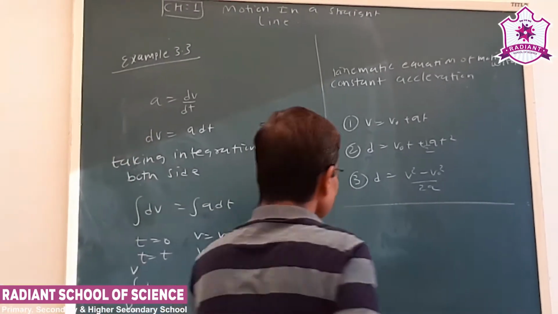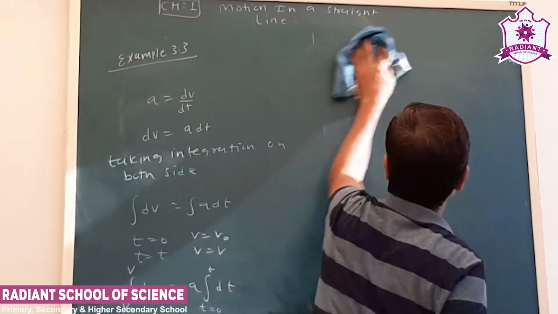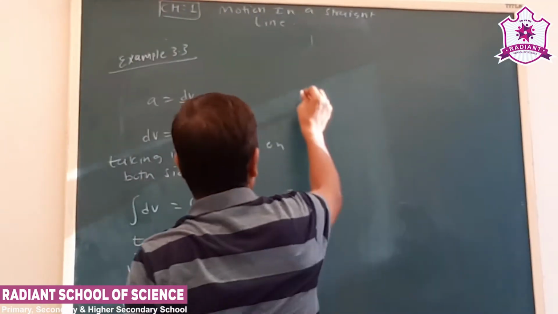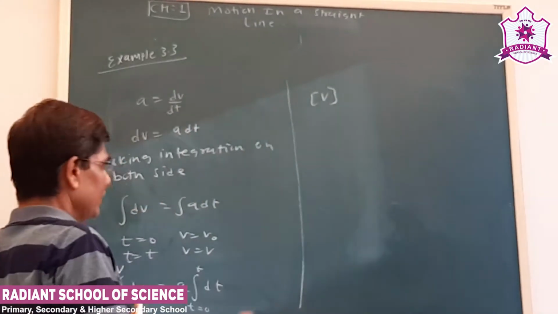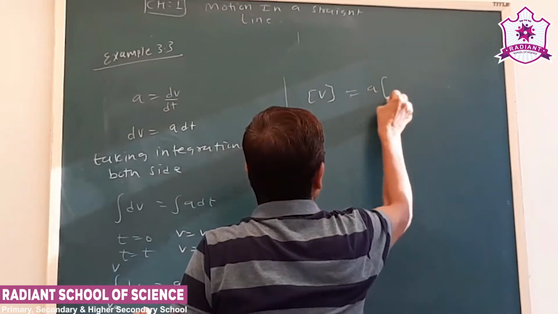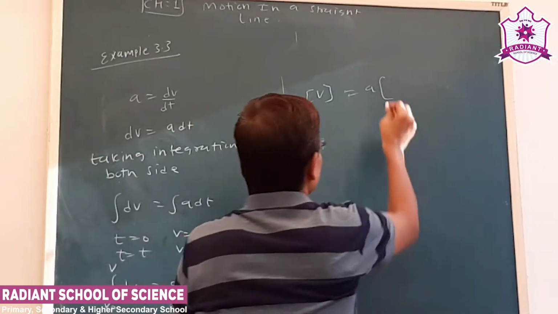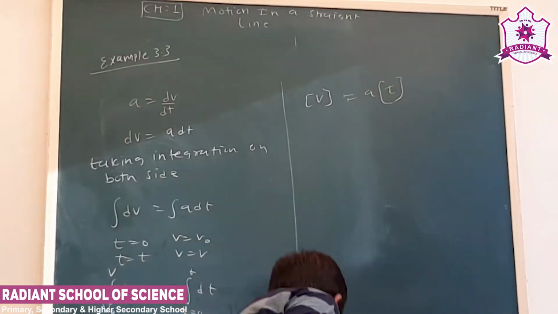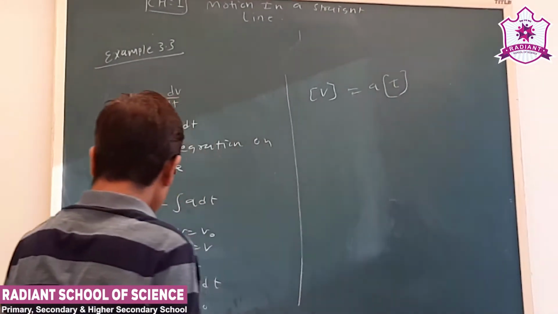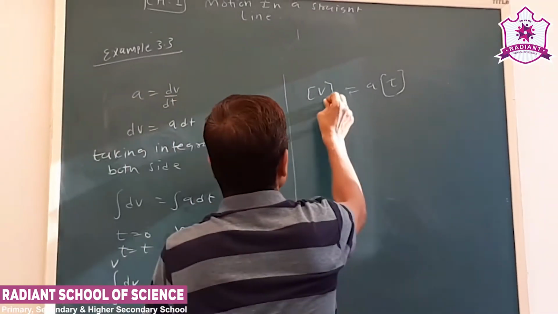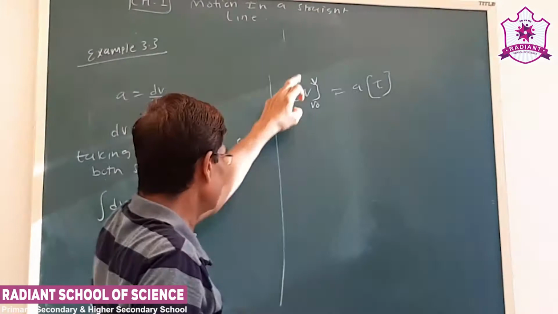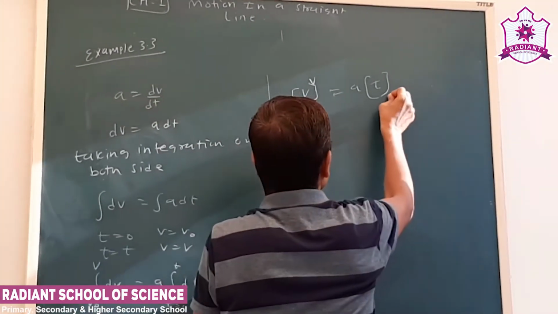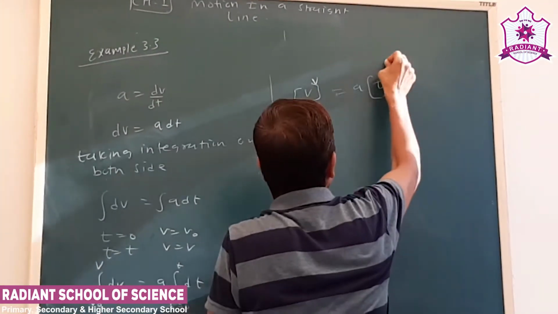Just now we have seen the rules for integration, we have revised. So integration of dv will be v. A is constant and integration of dt is t. Now we substitute the limits of the integration, that is from v0 to v. Here v0 is the lower limit and v is the upper limit, and 0 is the lower limit and t is the upper limit.